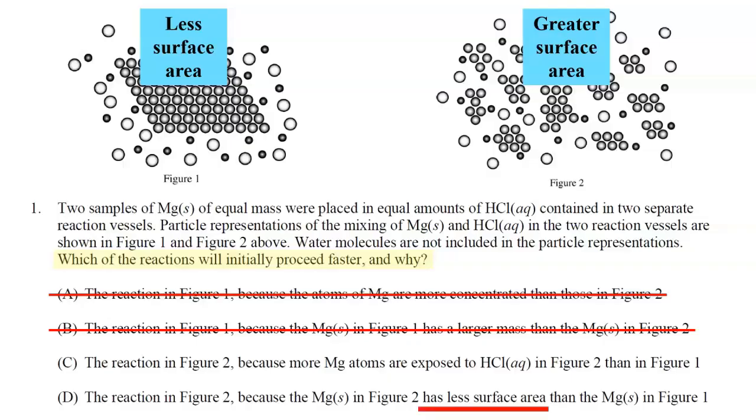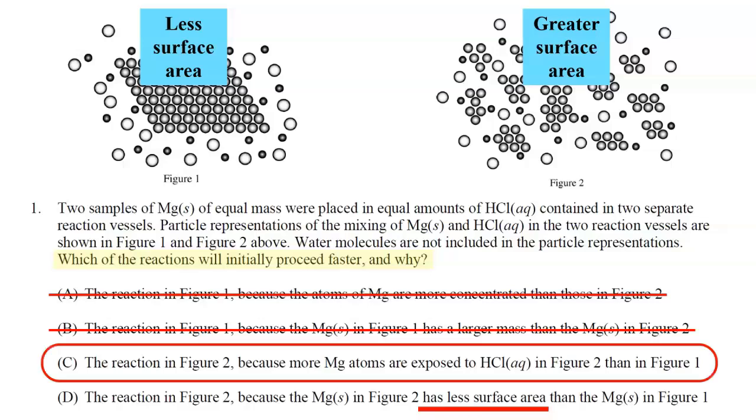Figure 2 actually has greater surface area for the magnesium because of these smaller pieces. So the correct answer to question 1 is C. The reaction in figure 2 should initially proceed faster because more magnesium atoms are exposed to aqueous hydrochloric acid in figure 2 than in figure 1.